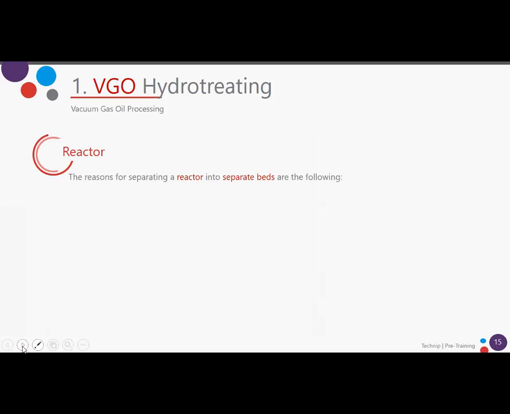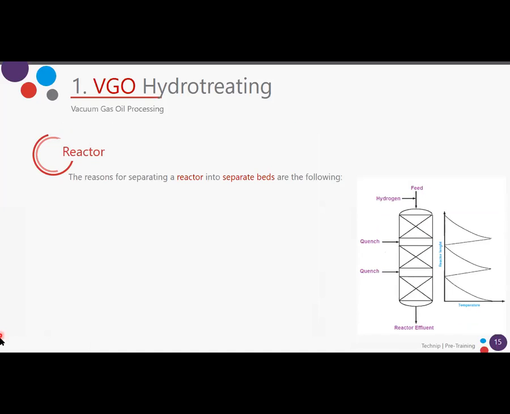We will have 3 beds in the reactor. We will have 2 reactors in this VGO hydrotreating. So you will see here a schematic of the reactor. We have the feed and the hydrogen, going first to one catalytic bed, to another catalytic bed, and to the final catalytic bed.